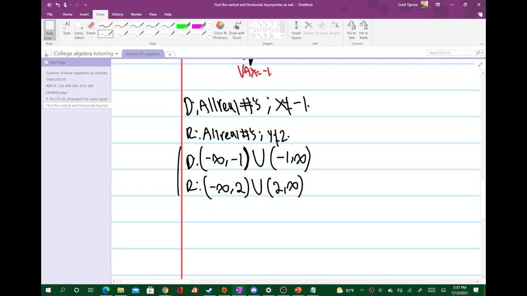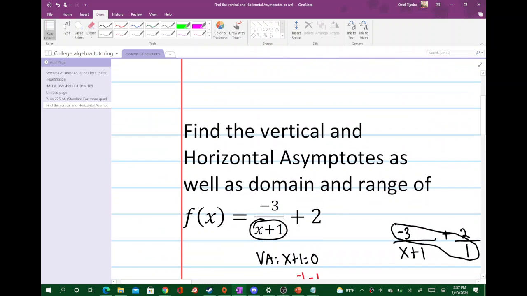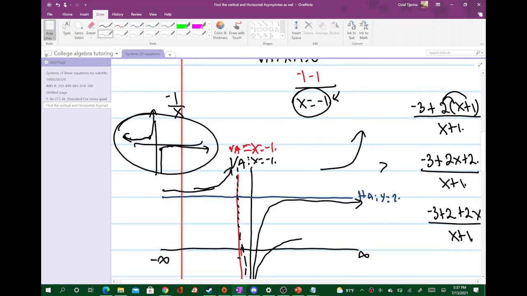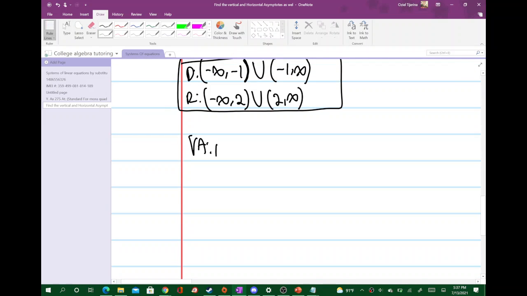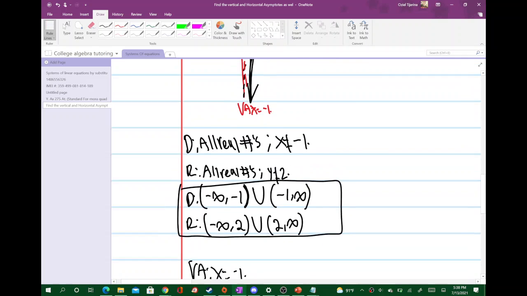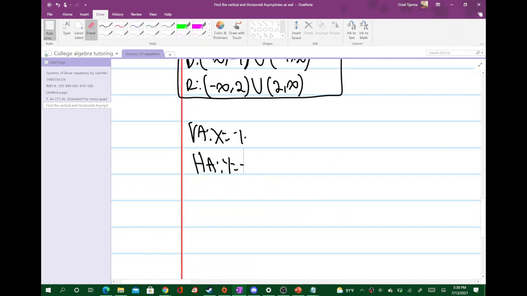And that's the domain and range of this function. And the vertical asymptote we said was x equals -1, and the horizontal asymptote we said was y equals 2.